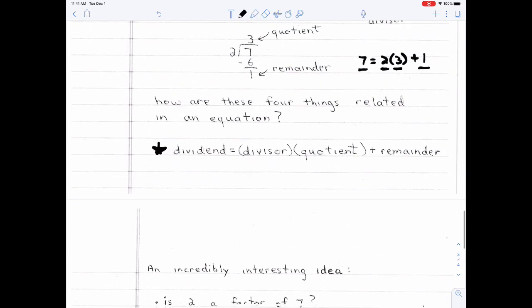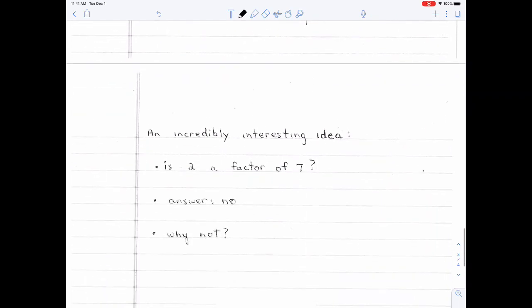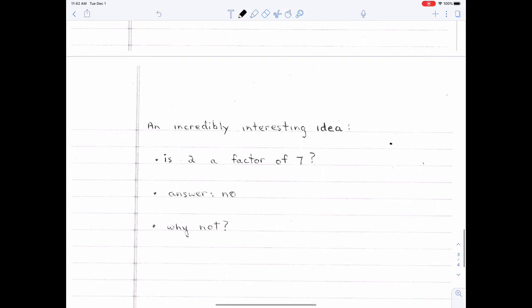Taking a look at this, I'll copy it down here, that we had 7 divided by 2. Is 2 a factor of 7? And hopefully you'd answer no, but the question is why not? Basically it's because 2 does not divide evenly into 7.